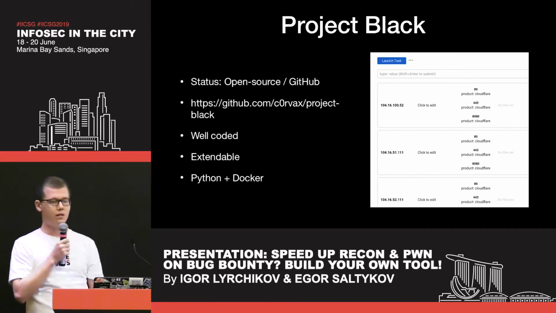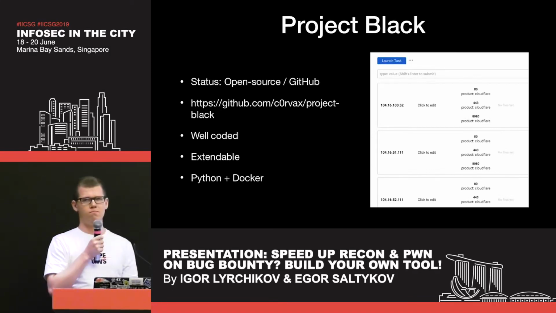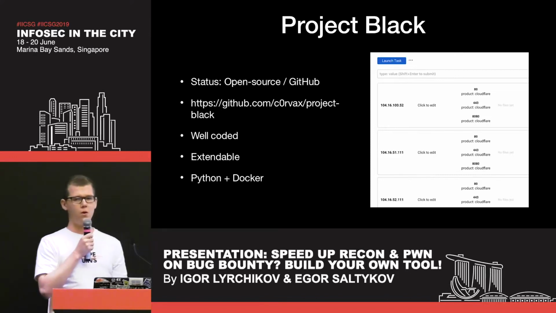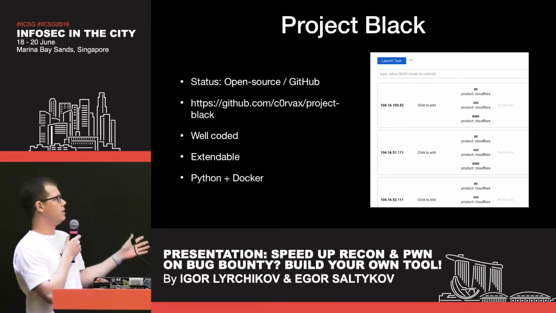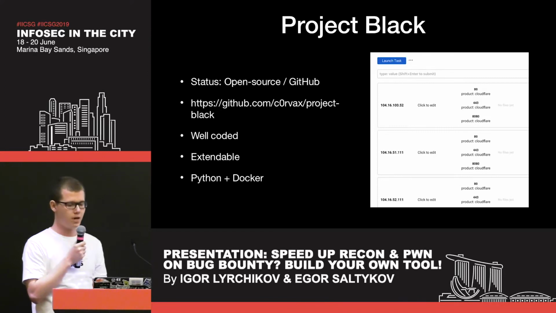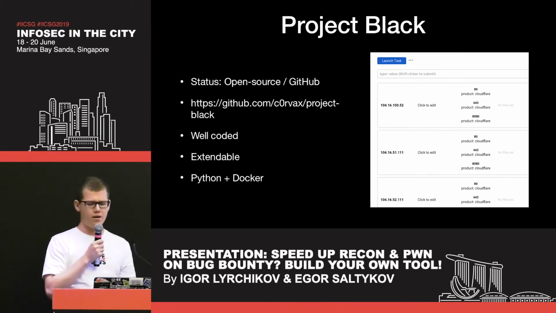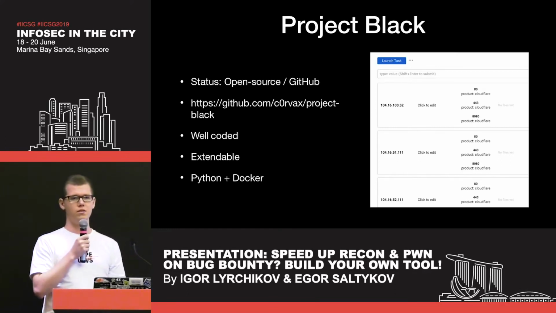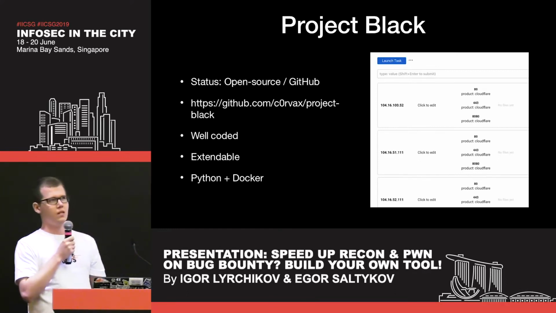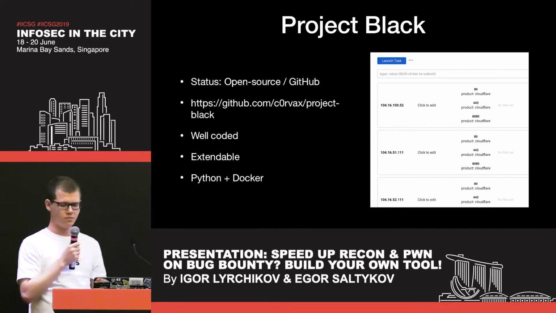First is Project Black. It was released a few weeks ago. You can find it on GitHub. It's made by one Russian guy. You can check the commits. He started building it 3 years ago. So it's very well coded software you can use for your pen test, bug bounty stuff, and other projects.